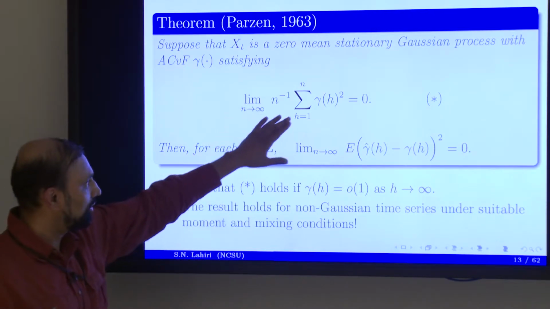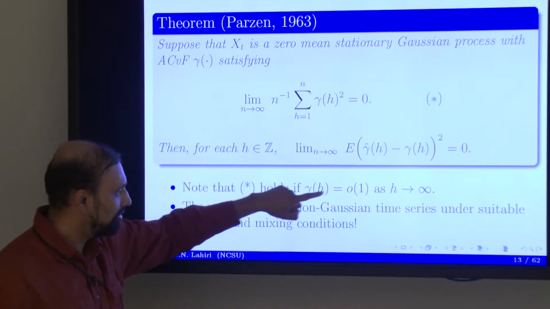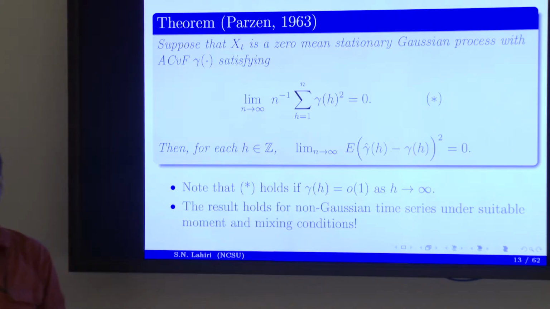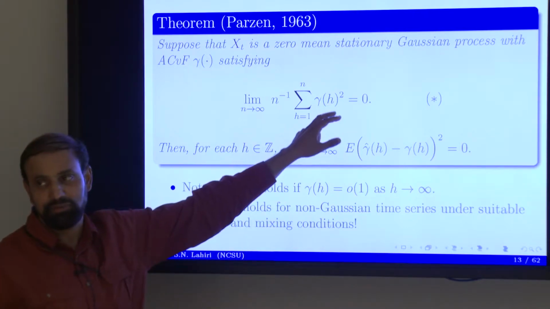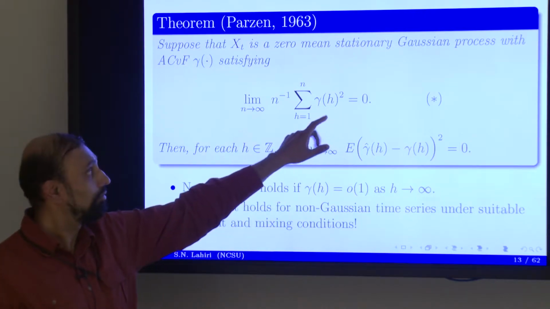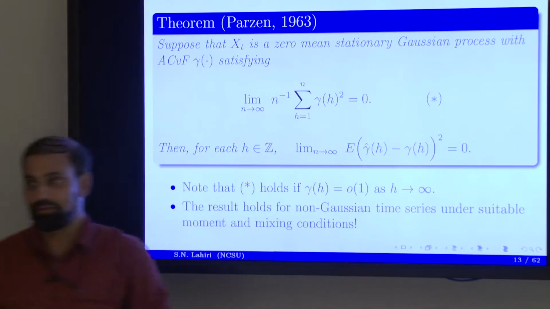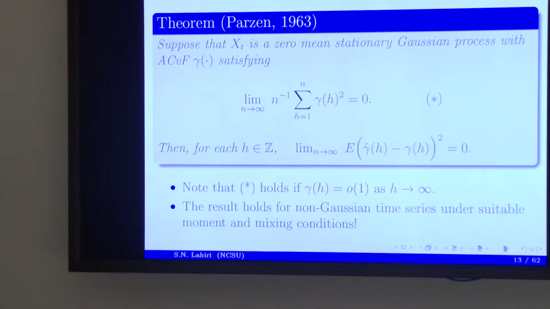And it's easy to show that if gamma h barely goes to 0, that's good enough. You don't need anything more, right? So very weak conditions. You can also guess why you have this gamma h squared coming from that. Because it's a Gaussian process, fourth order cumulants are 0.